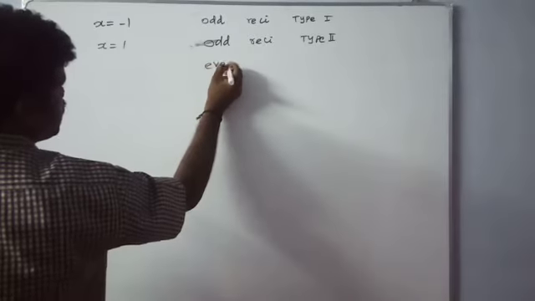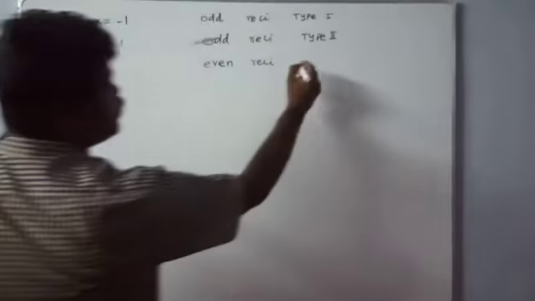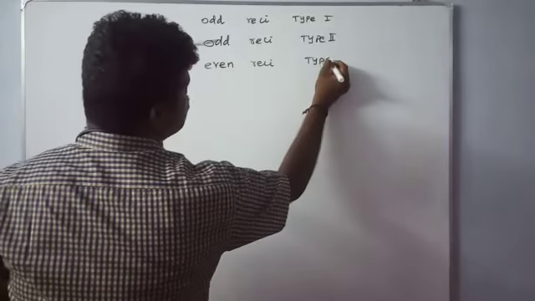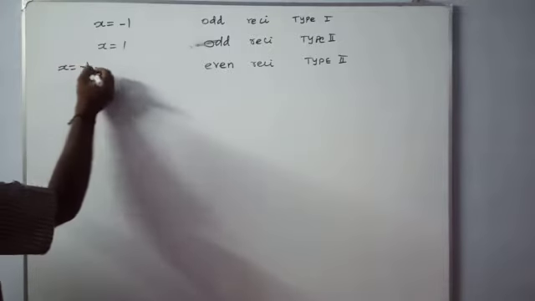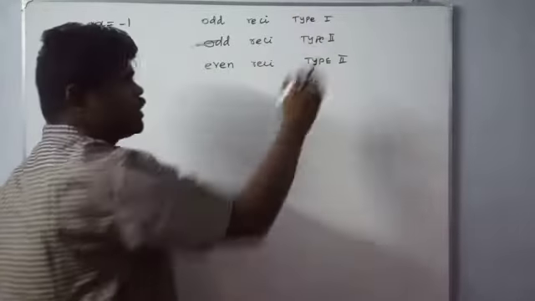So x equal to 1 is the solution. And suppose an equation is even degree reciprocal of type 2, x equal to minus 1 comma x equal to 1, both are the solutions. These are the 3 important conditions.